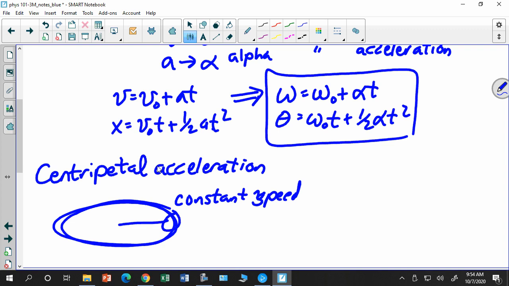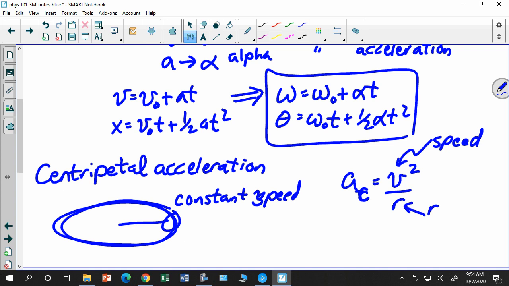The way that we calculate centripetal acceleration, I'm not going to derive it for you, it's sort of a geometric argument. Sometimes you use a_c for centripetal acceleration, sometimes people use a_r. It looks like I used a_c. So a_c for centripetal acceleration is equal to v squared over r, where v is our speed and r is the radius of the path.